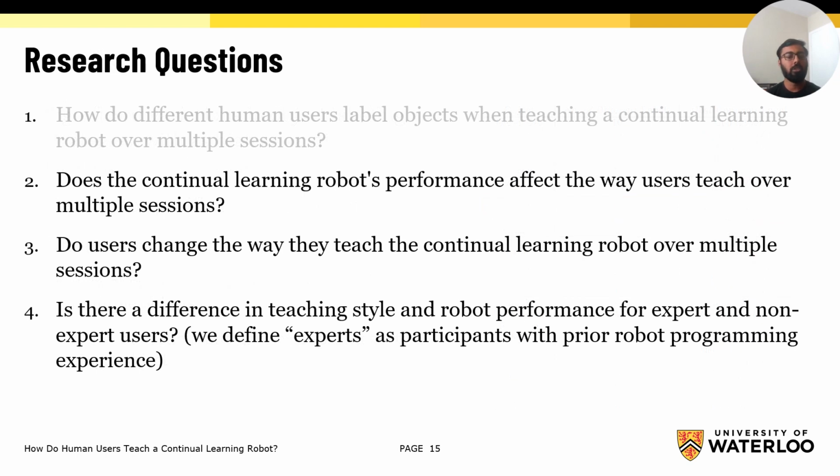So our next 3 research questions focus on understanding if the continual learning robot's performance affect the way users teach over multiple sessions, and if the teaching style changes over multiple sessions, and if there's a difference between teaching style and performance of the robot between expert and non-expert users. And we define experts as participants with prior robot programming experience.